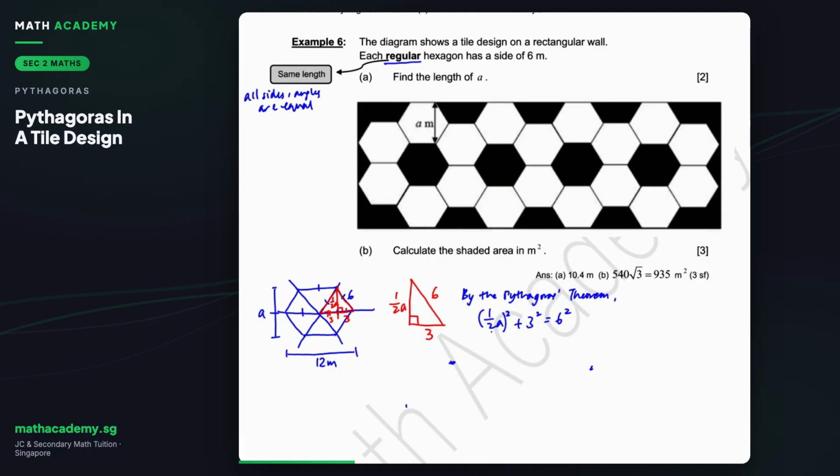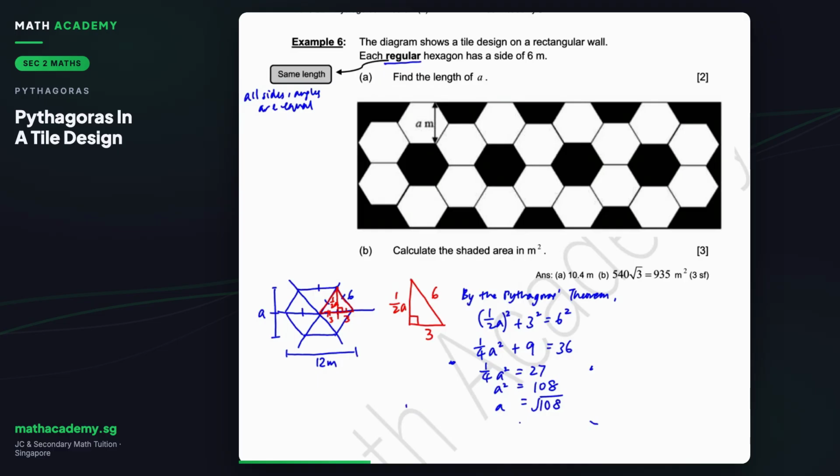So half A squared, I'm going to expand and open up, so it will give you 1/4 A squared. 3 squared is 9, 6 squared is 36. 36 minus 9, that's 27. A squared is 27 times 4, so 108. A would be root of 108.